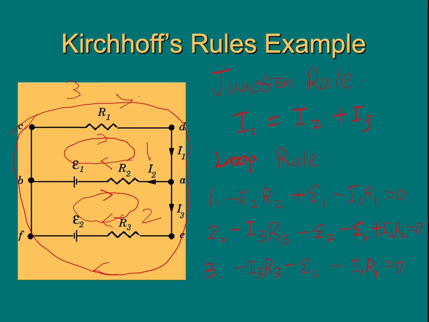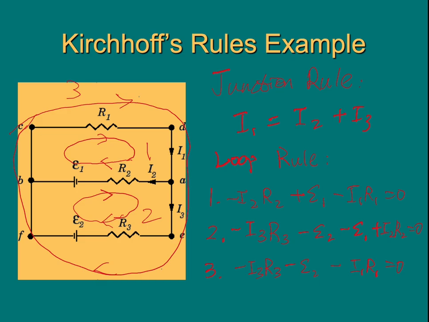And after epsilon 2, I arrive at F. From F to B, nothing happened. I still need to follow loop 2 from B to A. From B to A, I have a potential drop for epsilon 1. And then I have a potential increase for R2, which is plus I2 R2. And then I go back to A. So I complete my loop, which gives me the second loop equation.